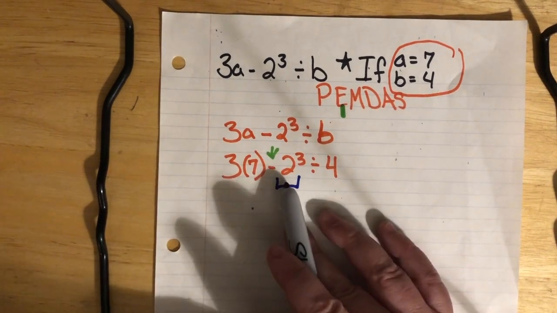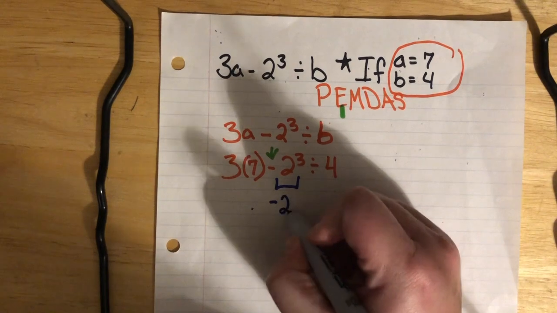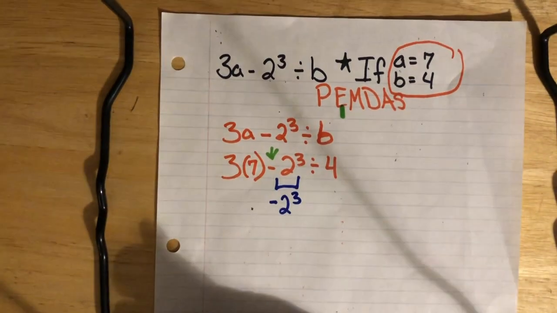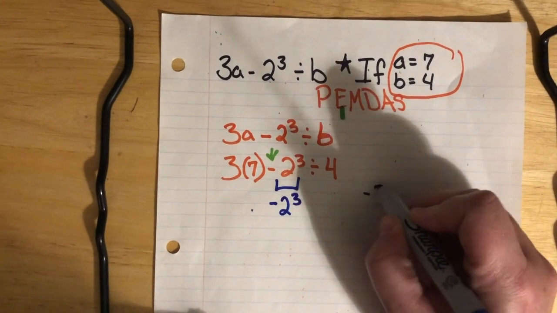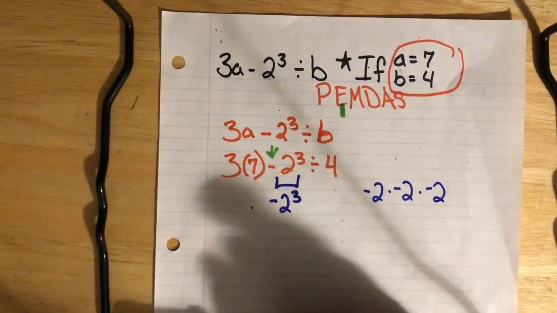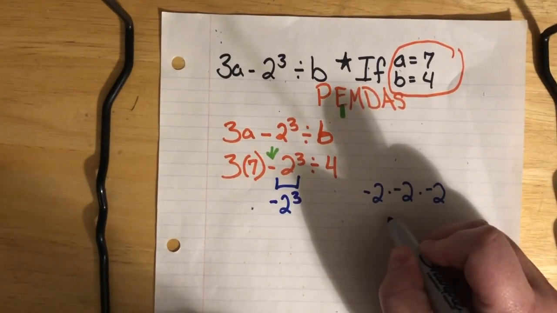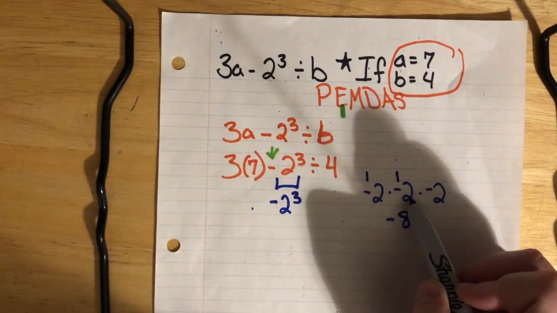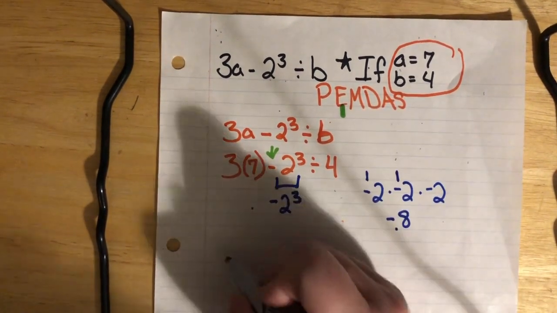So what this wants us to do is negative 2 to the third power. So this is like writing it like this: negative 2 times negative 2 times negative 2, which should be negative 8. Negative 2 times negative 2 is a positive 4, times negative 2 is negative 8.